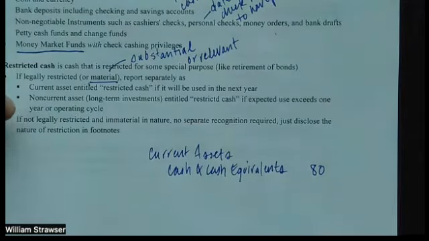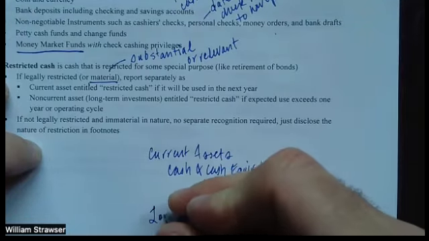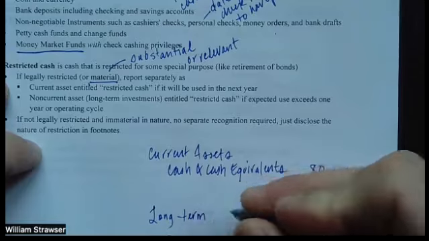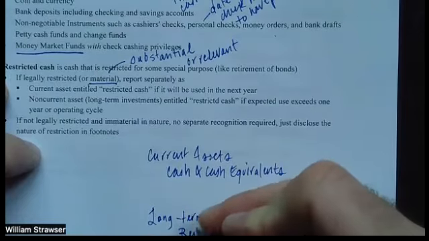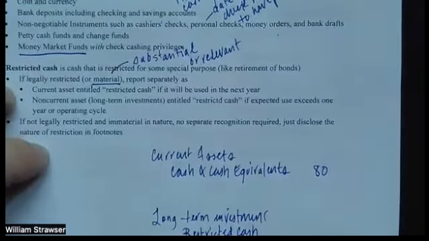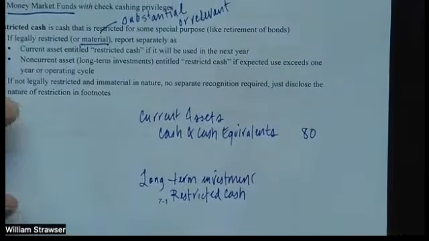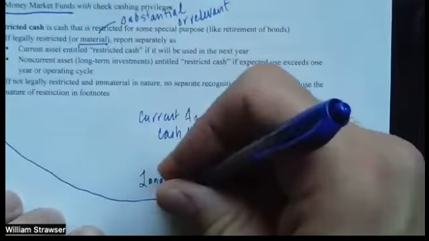Now, depending on the nature of the restriction, if the restriction is going to last beyond a year, longer than an operating cycle, then we have a long-term investment account called restricted cash, because we are not going to have the ability to access that cash in the current year. It's going to be beyond that year, so it has to be long-term. That's the non-current asset version of it.